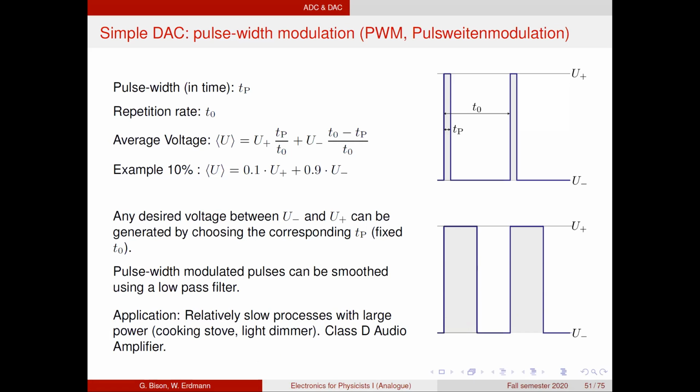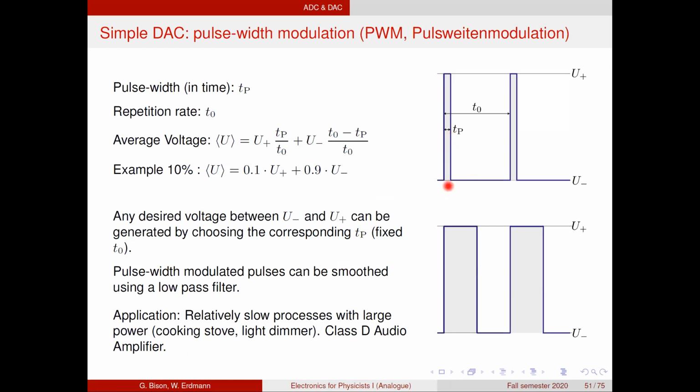In modern audio amplifiers, the same thing is used. If you want to drive a large speaker, you need a significant amount of power, hundreds of watts. By using such a pulse train and filtering it afterwards, you can also generate a nice audio signal. And for example, in your cooking stove, when you change the heat, you have the levels from 1 to 9 typically, and all that this changes is the time for which the pulse is on.